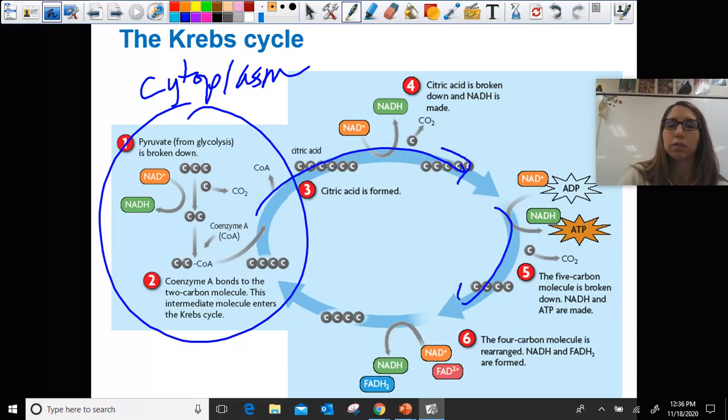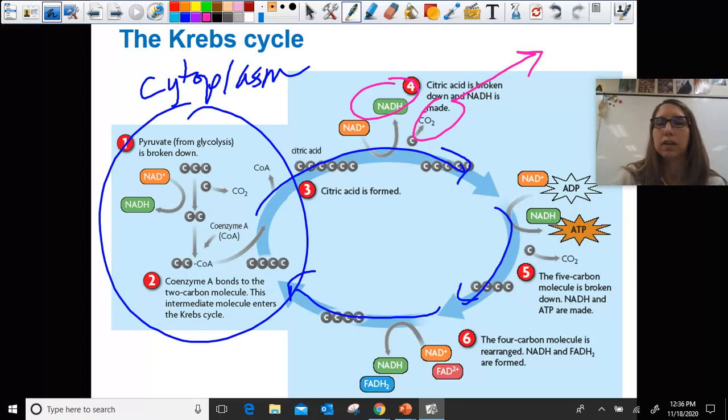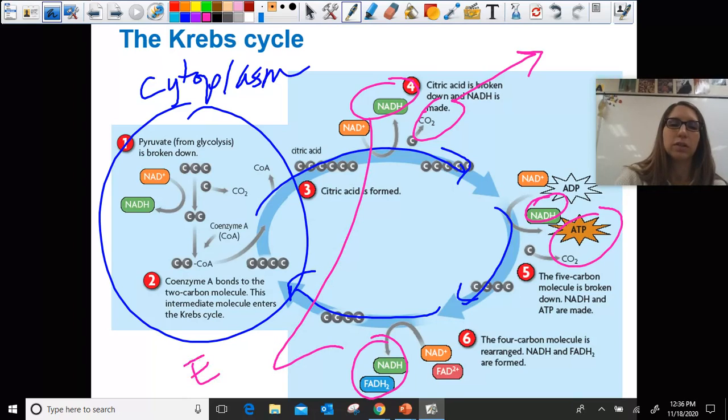I'm revolving and moving around this. You can see all of the things that are going to be produced. I'm getting an NADH here. I'm getting a CO2 here that gets breathed out. I'm going to get more NADH here. I'm going to get an ATP, NADH and FADH2. And remember, all of these together go on to the ETC.